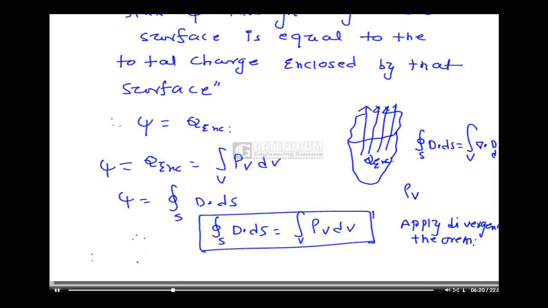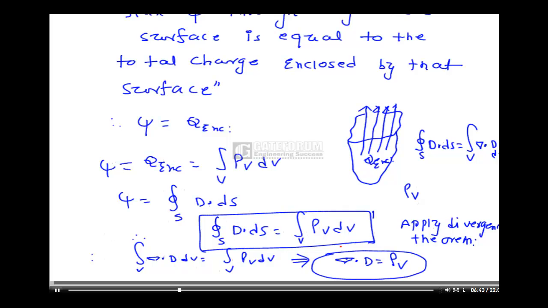Therefore I can write the left hand side as the integration over V of del dot D dV, which is equal to the integration over V of rho v dV. If you compare these two equations, that implies del dot D is equal to rho v, where rho v is the volume charge density.